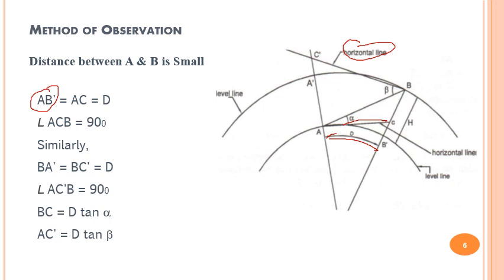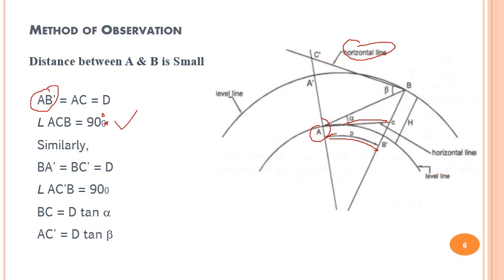Then AB dash is equal to AB is equal to D. Then angle ACB is equal to 90 degrees.